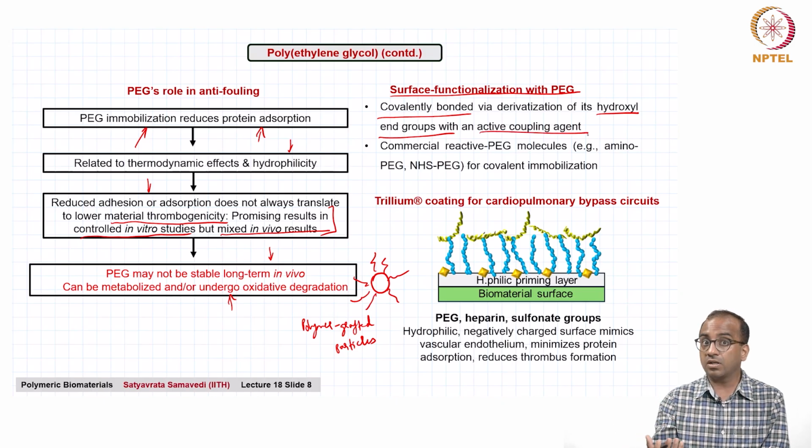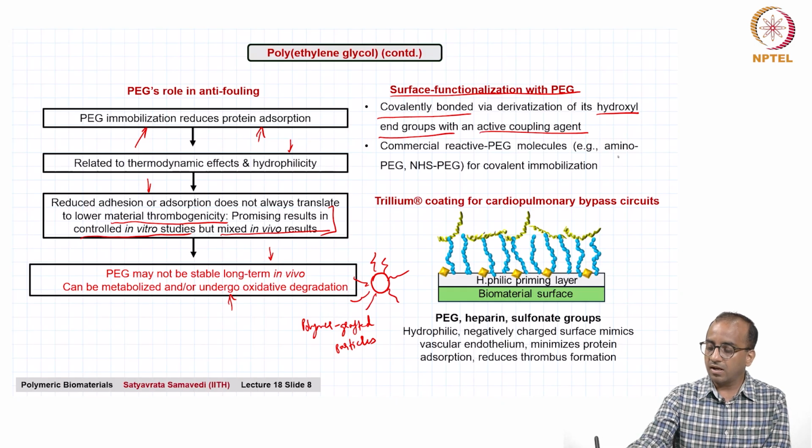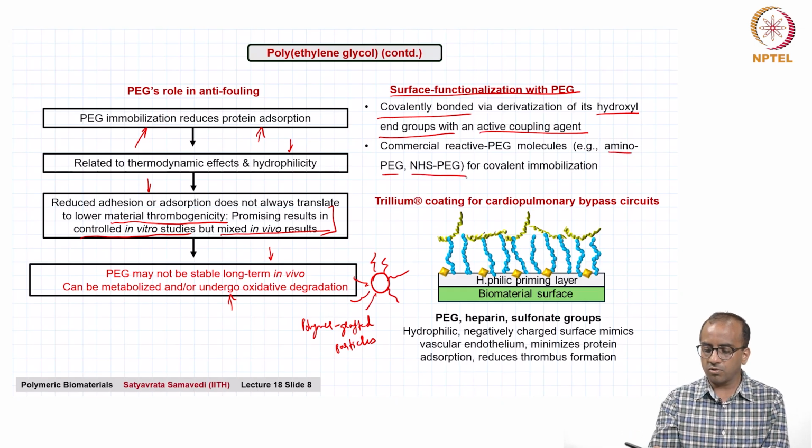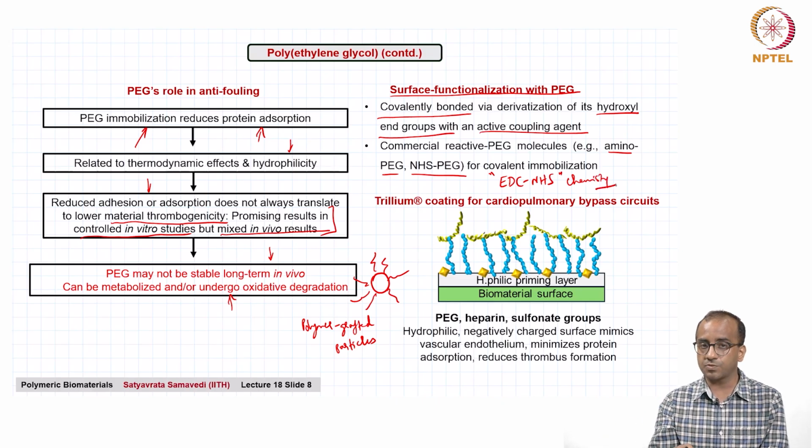Some commercial or popular examples of that include amino PEG, NHS PEG, etc. Although we are not going to get into the chemistry of these kinds of surface functionalization, I would encourage you to look up the EDC NHS chemistry, which is a very popular way to functionalize surfaces with different kinds of molecules and change the surface property.